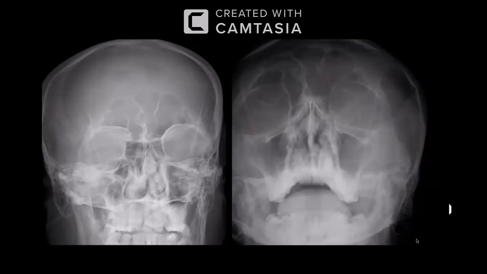And these look fine. And further, I cannot appreciate any soft tissue abnormality. And I would like to see another orthogonal view if available. No, only these two views are there.